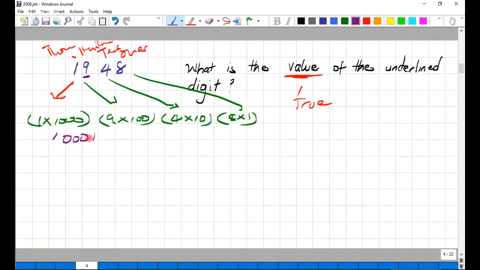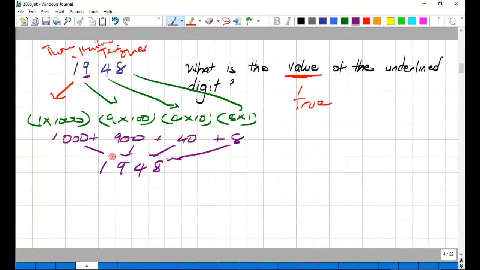So we have 1,000 plus 900 plus 40 plus 8. This is how we end up back with our number 1,948. So we have moved here into what? Expanded form, and we know exactly what that means, and we bring it all the way back to the number.